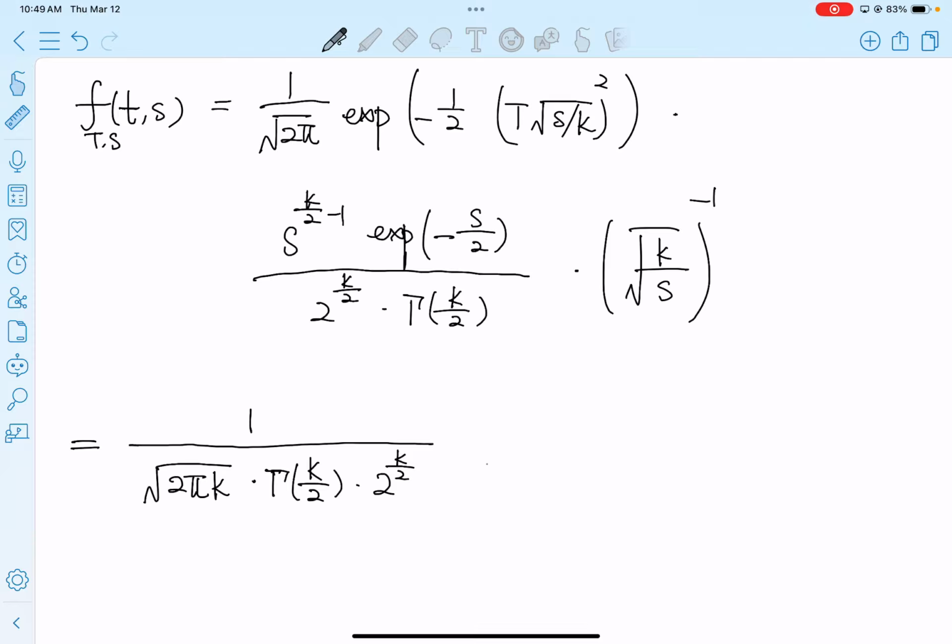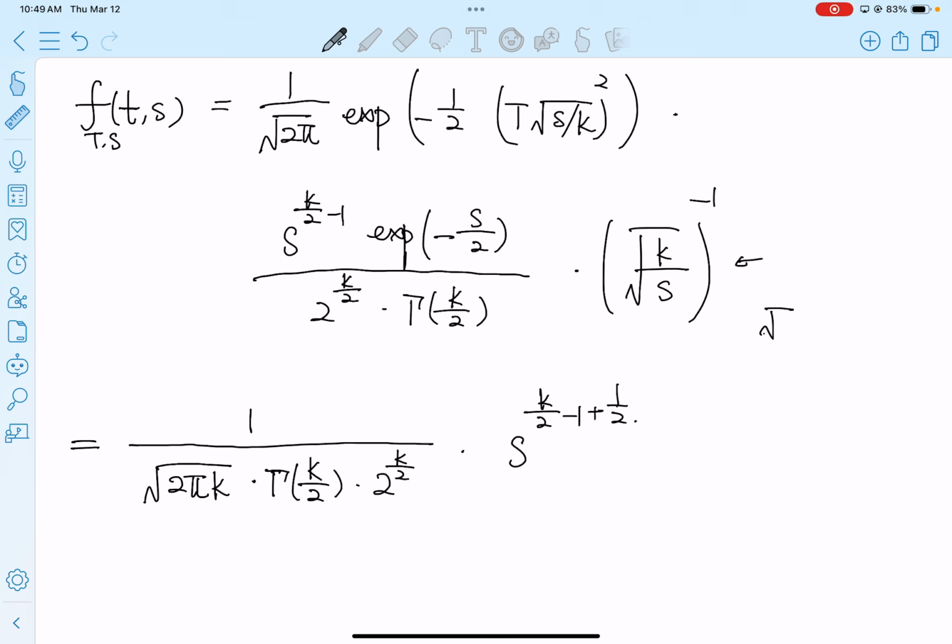Okay, so that means we have s to the power of k over 2 minus 1, and then plus 1/2. The 1/2 is due to, let me rewrite, replacing this part, this Jacobian here.